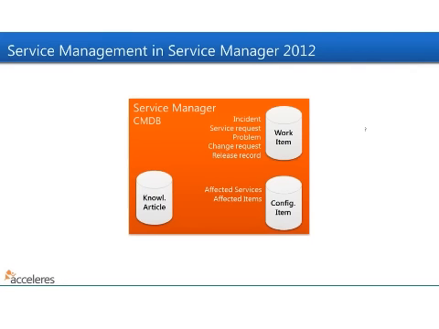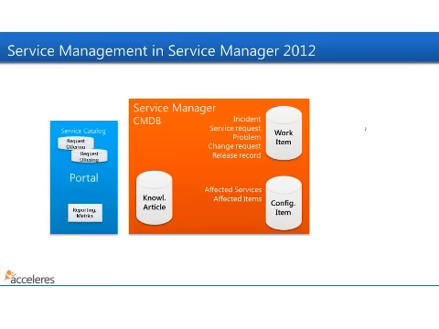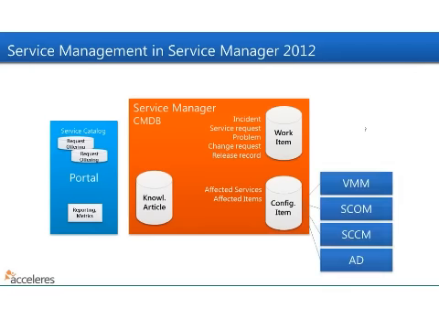We've got our CIs, which, in technical terms, a lot of different things are CIs in Service Manager, but mainly our affected services and our affected items, and we've obviously got our knowledge articles. We've got our portal, which, as I said, is kind of like the storefront. This is where our end users are going to come to request things, and where our IT folks can come to get data that they need.